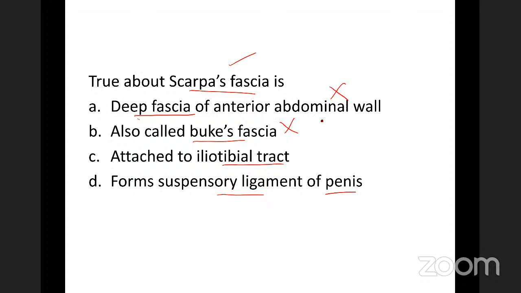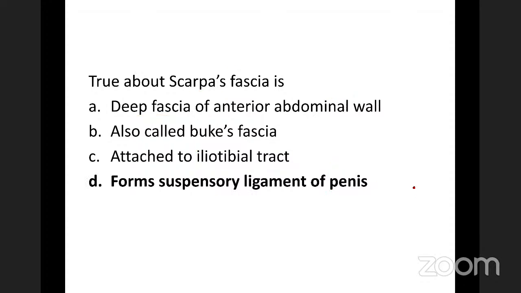Buck's fascia covers the erectile bodies of the penis. Is it attached to iliotibial tract? No, it's not attached to the iliotibial tract. What is this iliotibial tract? It's a modification of deep fascia of the thigh. It forms a suspensory ligament of penis. Correct. We studied that Scarpa's fascia attaches to the linea alba and it forms a suspensory ligament of the penis.